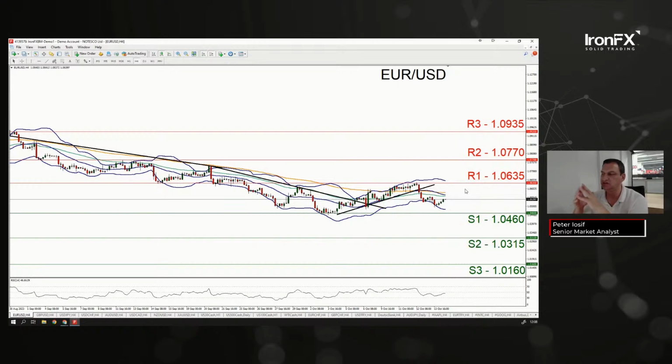Now on the fundamental side, on a more general fundamental comment, overall the market seems to continue to be highly worried about the Israeli conflict and whether an escalation is possible or not.